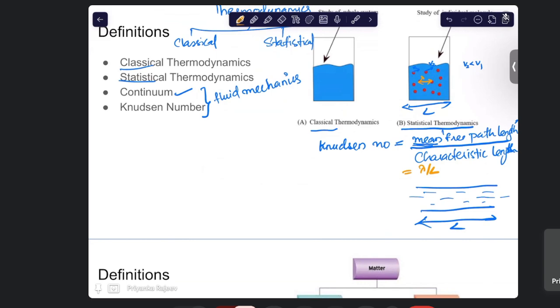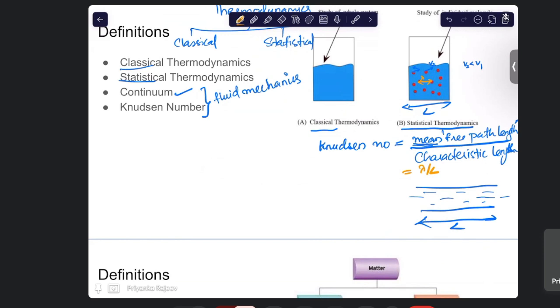Because there will be a lot of molecules there, and the mean free path length is at the molecular level, which will be very small, several orders of magnitude lesser than the characteristic length.